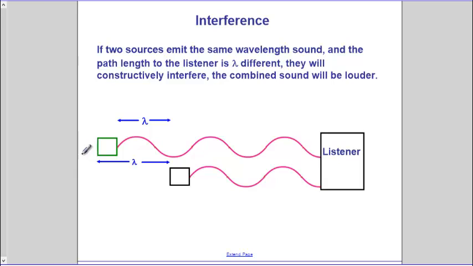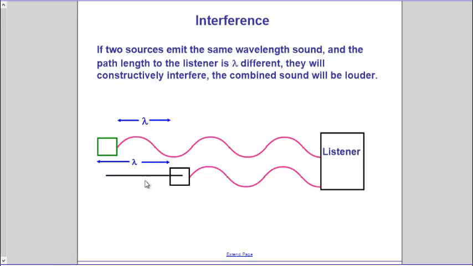Again, another possibility. Hey, let's predict. Let's look at this. These waves are off by a complete wavelength. So I'll draw my wavelength. So there's a wavelength, and if we look at the distance, sorry about that.